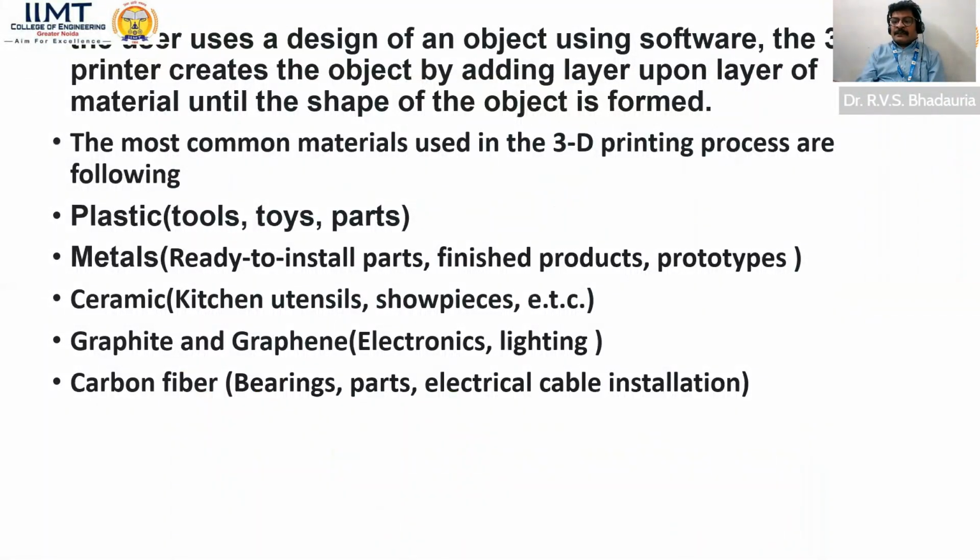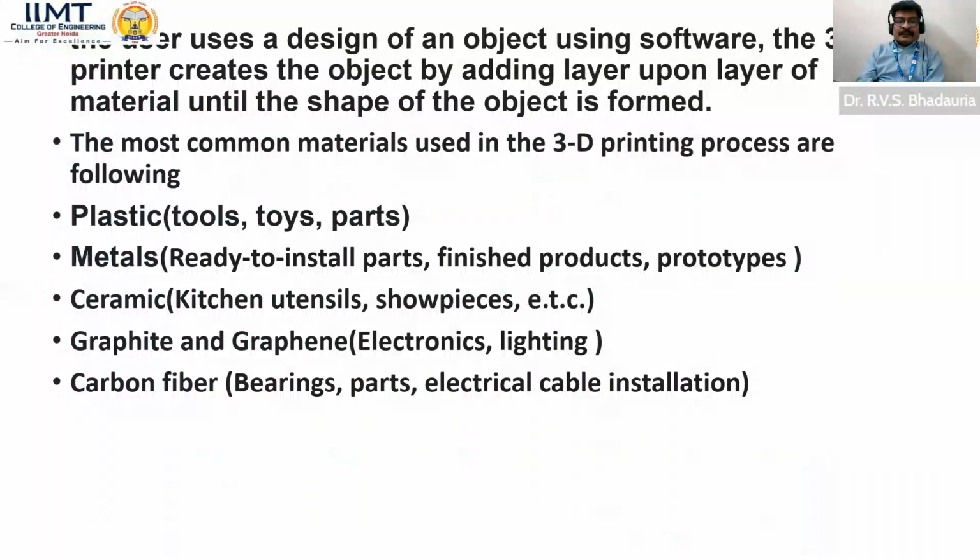Metals are used in ready-to-install parts like nuts and bolts, and also in creating and designing prototypes of different machines. Different types of showpieces and kitchen utensils like cups, glasses, spoons, and knives are made of ceramic, and it is also used in designing showpieces.